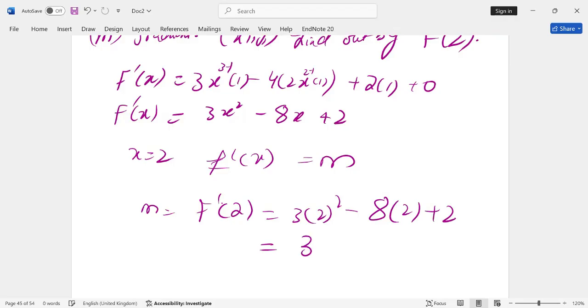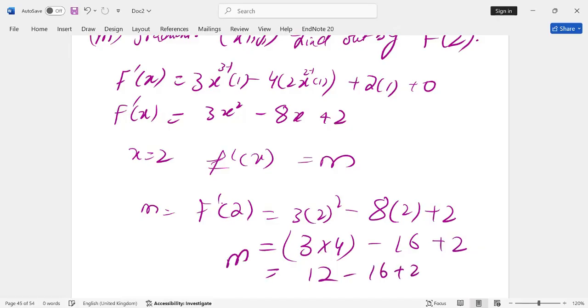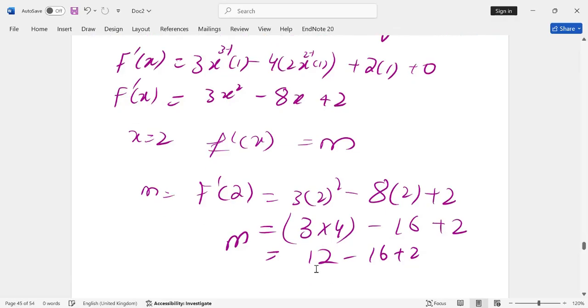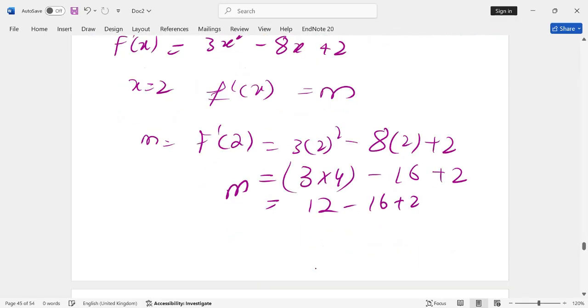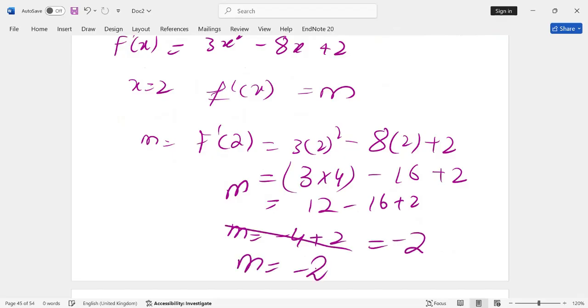So we have 3 multiplied by 4 minus 16 plus 2, that is 12 minus 16 plus 2. And we have the gradient value m equals minus 4 plus 2, which is minus 2. So the gradient of the tangent is minus 2.